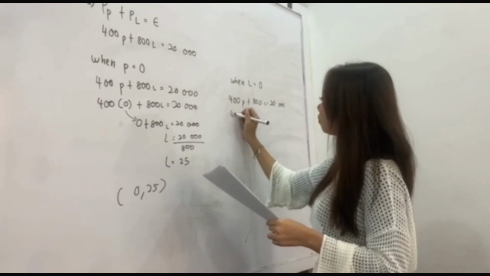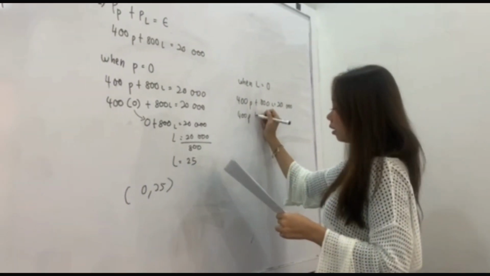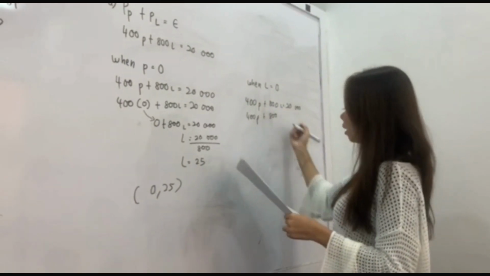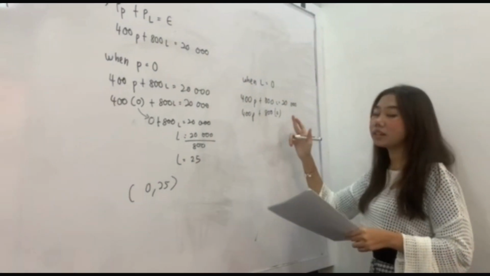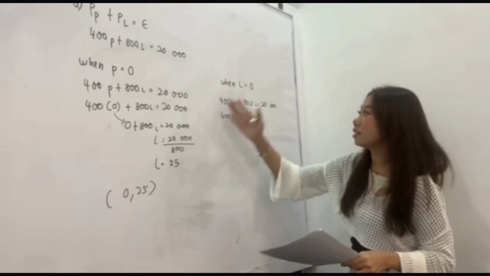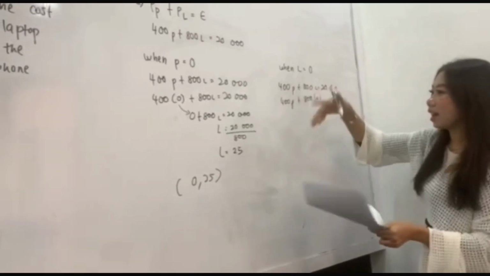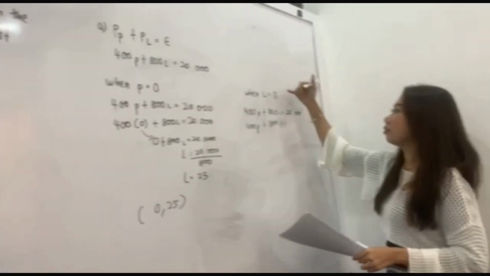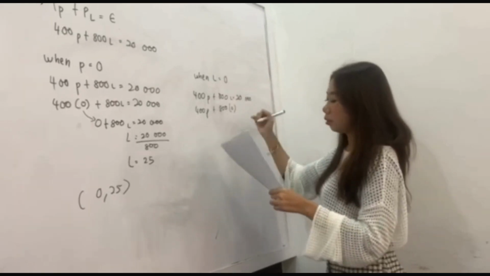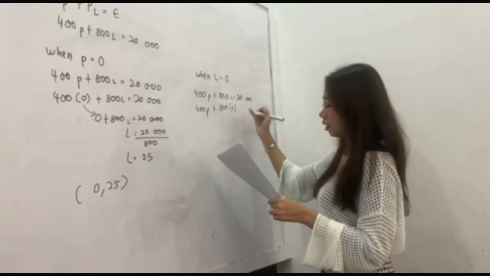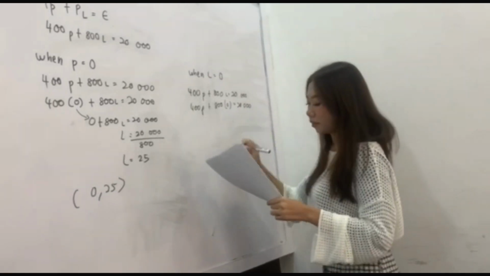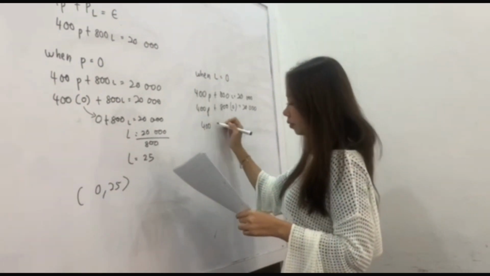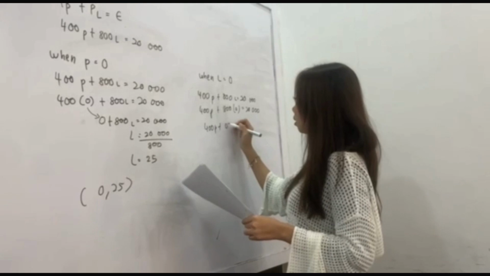So 400P plus 800 bracket 0. Where did we get 0? Same as before, like the past answer, we get it from the top. So we bring it down and we get equal 20,000. So 400P plus 0.